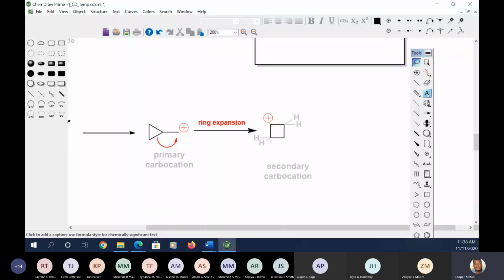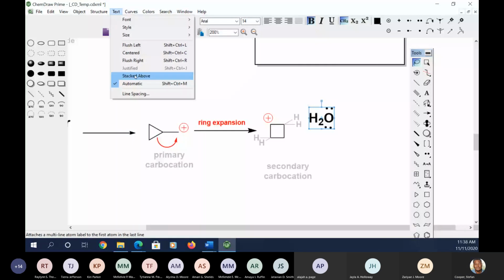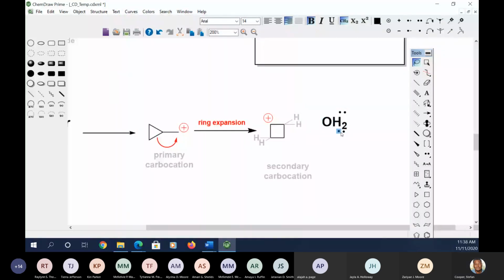So what is my base in this example? Water, right? So I'm going to draw water with its 2 lone pairs. Okay. And this is going to operate like a base. So I'm going to circle one of the lone pairs here.